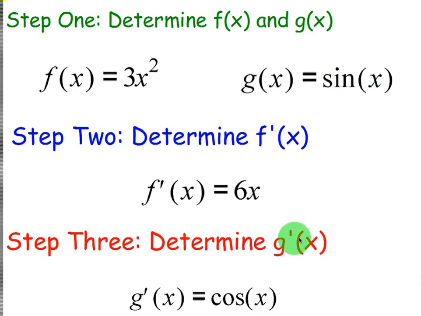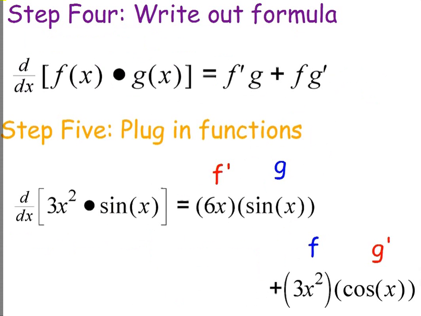That's step 3. Step 4 is to write the formula out. And again, we can't say it enough: the derivative of two separate functions multiplied by each other is the product rule, f prime g plus f g prime. Since I already figured out f prime and g prime, and since they gave me f and g in the original problem, meaning the first function was 3x squared and the second was sine of x, we can plug that into the formula.